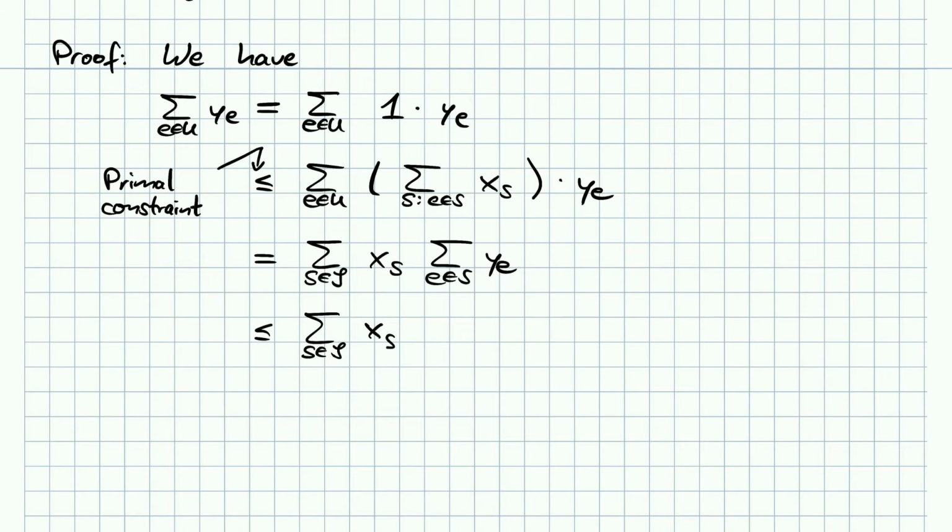We can say that this is no more than the sum of the x_s times c_s, where this here is now coming from the dual constraint. And in combination, you see, okay, the primal objective function value is at least the dual objective function value.